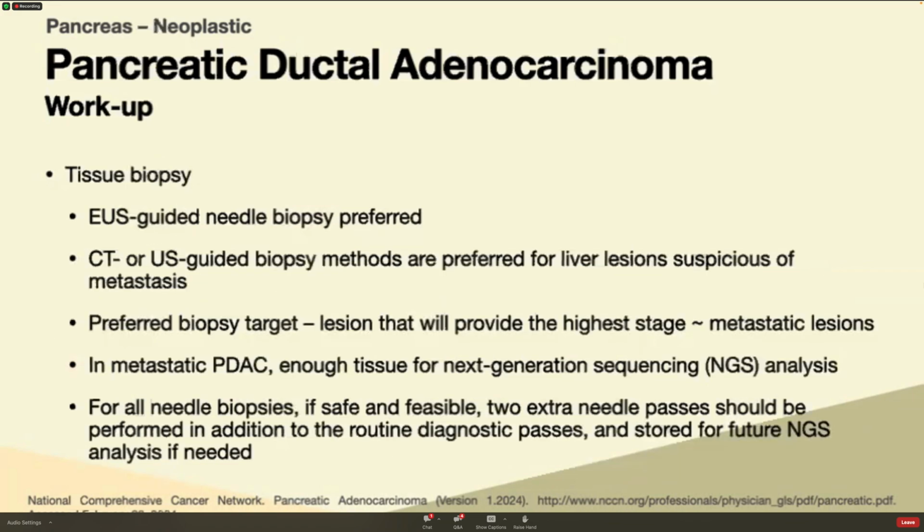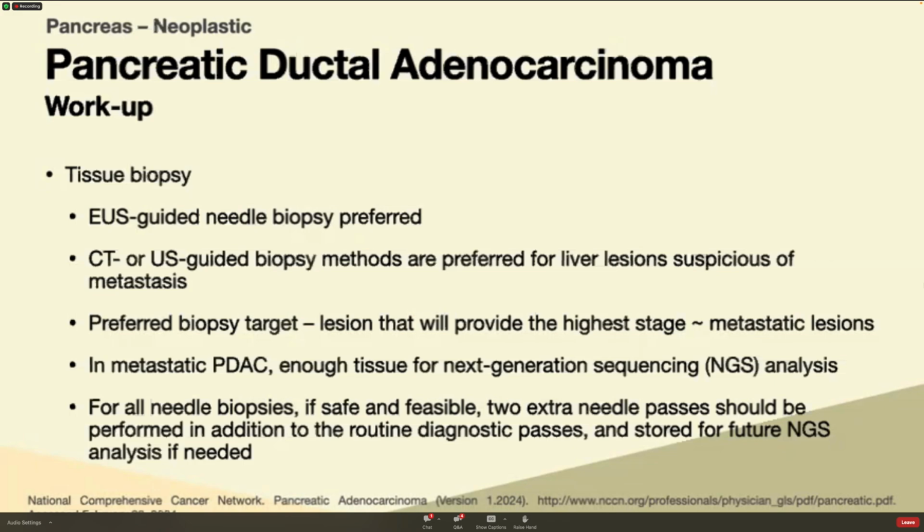Next, for the workup, tissue biopsy is actually not required prior to surgical resection, but it's usually done if the patient needs chemotherapy. So EUS guided needle biopsy is preferred, but if there are suspicious liver lesions, then CT or ultrasound guided biopsy may be done for the liver lesions.